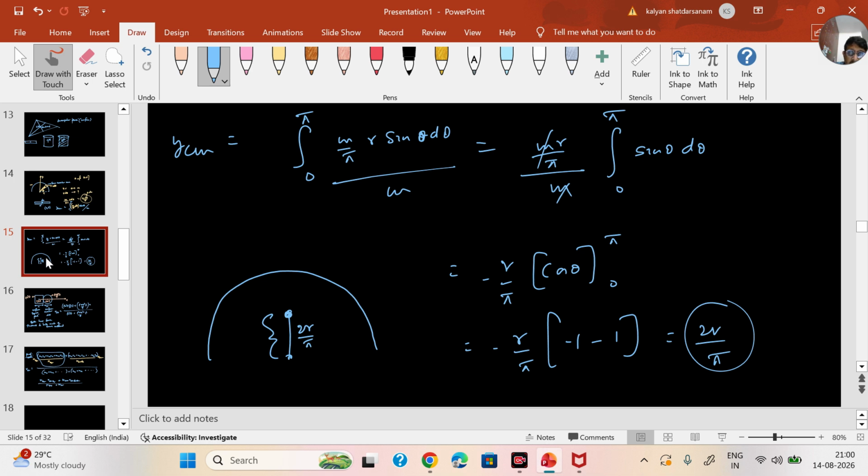We'll find the center of mass of the semicircular disk by integration, and the center of mass of the hollow hemisphere, sorry, not hollow sphere, a hollow sphere is at the geometric center. Hollow hemisphere, center of mass. Solid hemisphere, center of mass. Hollow cone, center of mass. Solid cone, center of mass. All these we will do tomorrow.